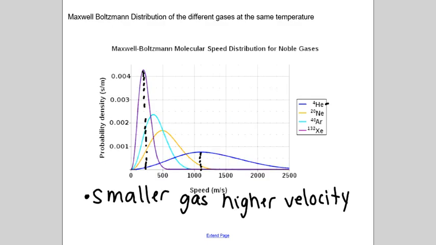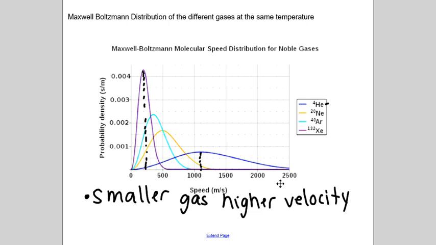Okay, we can look at this in terms of speed as well, because speed is temperature. So if all these gases were at the same temperature, smaller gases, just due to momentum, don't need as much energy to reach higher velocities. That means the smallest gas is going to have the highest velocity.